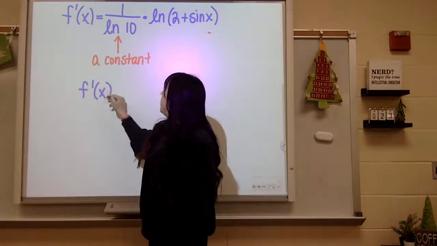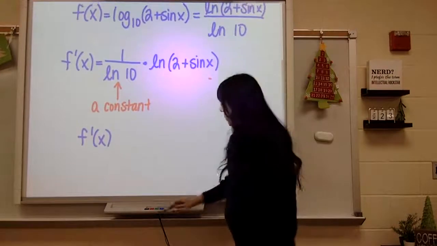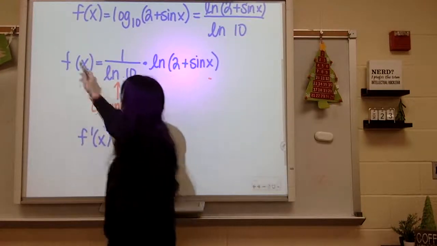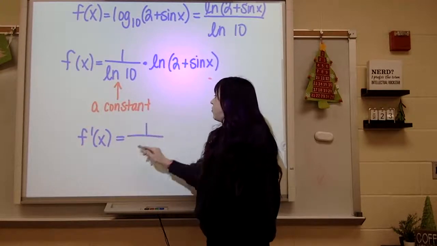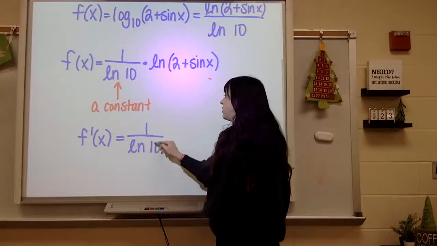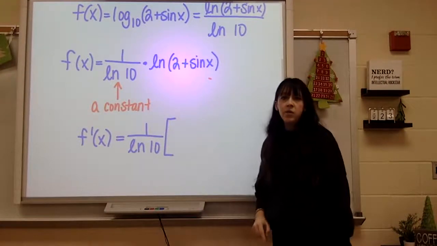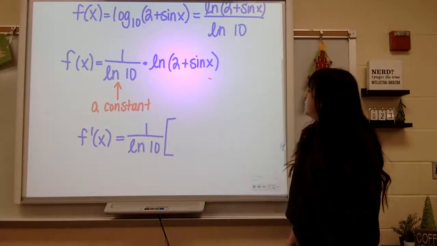So I'm going to take my derivative. Wait a minute, I just realized I did something stupid. I don't know where I put the derivative here. This is not the derivative. It's just the original thing. All right, so I'm going to take the derivative. I'm going to leave 1 over ln 10 out here. Now I'm going to take the derivative of ln of 2 plus sine x.